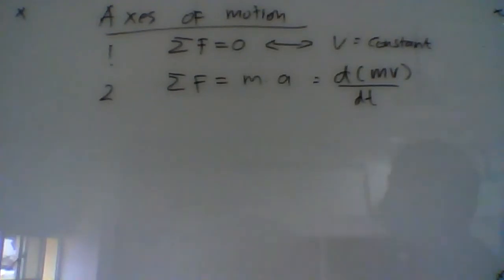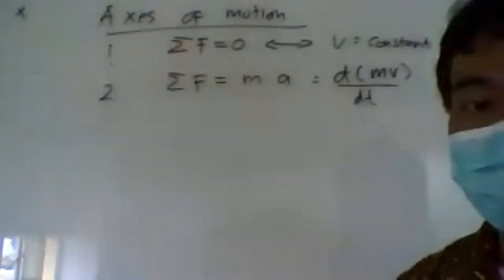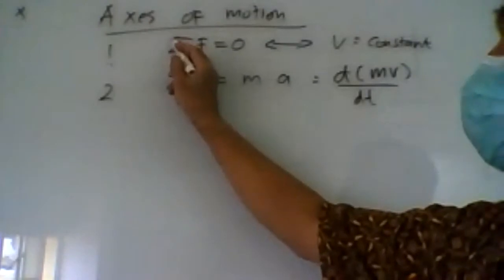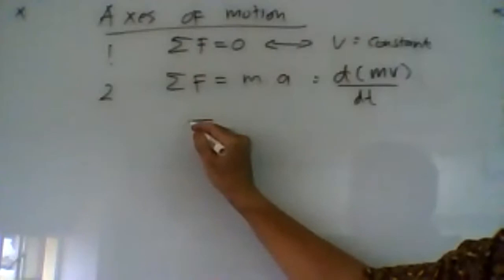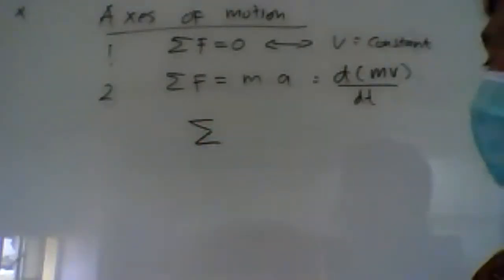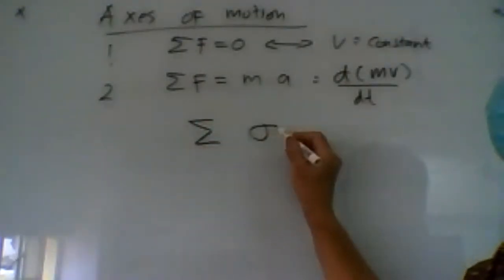Bear in mind that in both laws, we are talking about the sum of the forces. This letter here is the Greek letter sigma. This is the capital sigma, and this is the lowercase sigma.